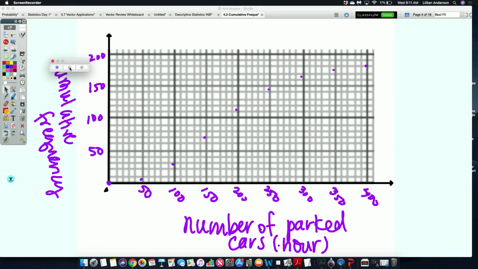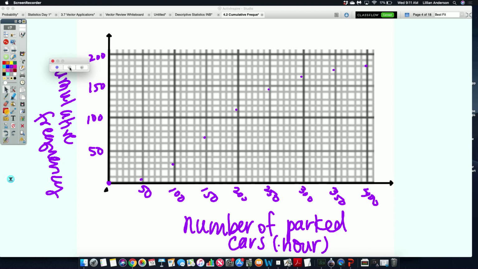Now, this is a cumulative frequency curve. So when you are connecting these points, it should be drawn with a smooth curve going through your points. Okay? There should not be segments that connect all of your points. It should be a smooth curve when you draw one yourself.